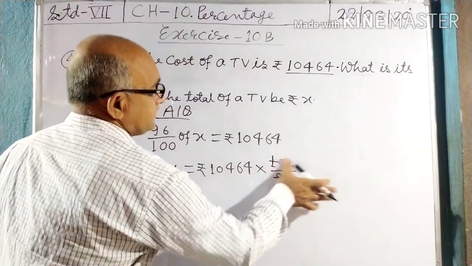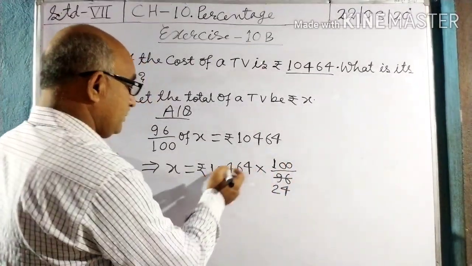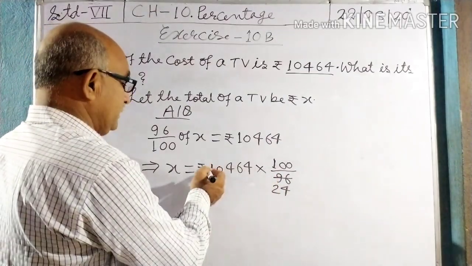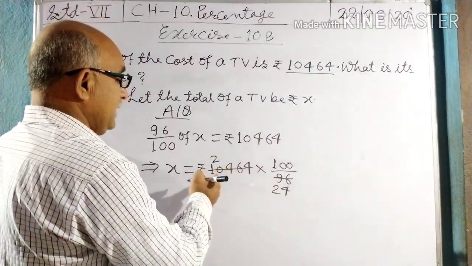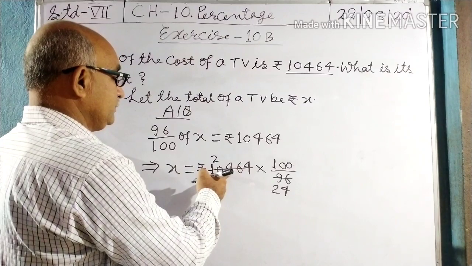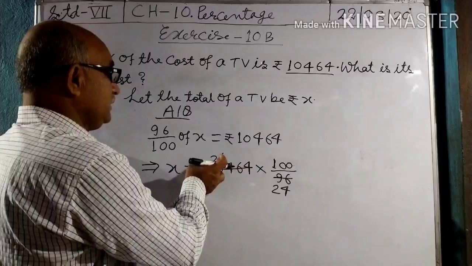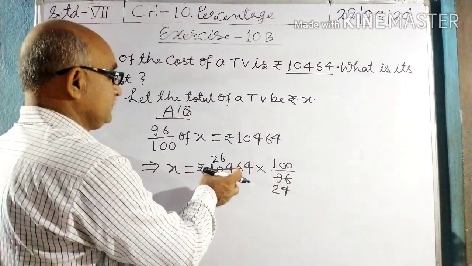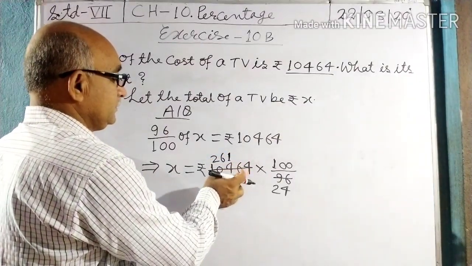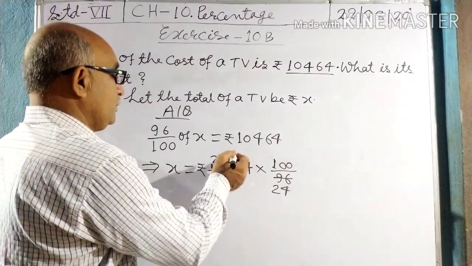Let's first of all divide 10,464 by 24. 4 times 4 is 16, 2 goes to 8, 2 and 4, 24. 4 times 6 is 24.